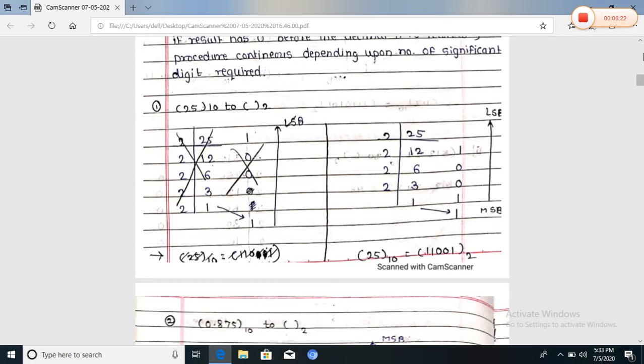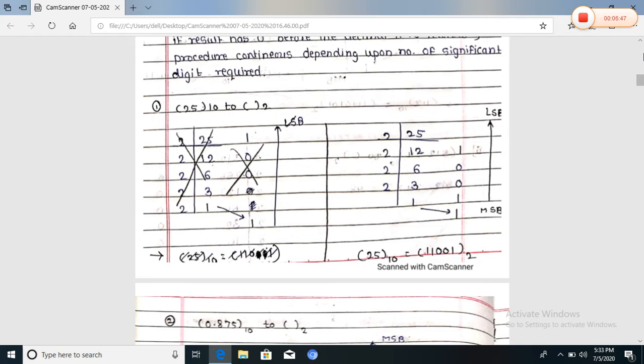In this first problem, the decimal number is 25, base 10. The base after the bracket is 10, so this is a decimal number. To convert it into binary, the base is 2, so this is a decimal to binary conversion. We divide by 2 and note the quotient and remainder.